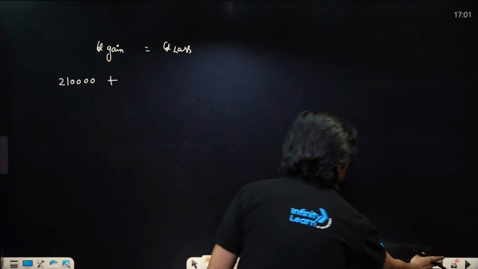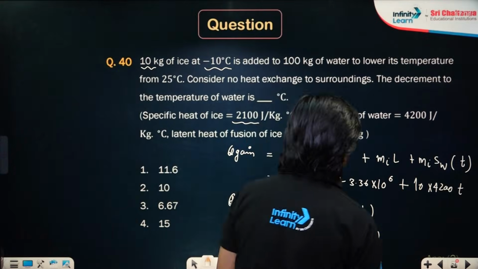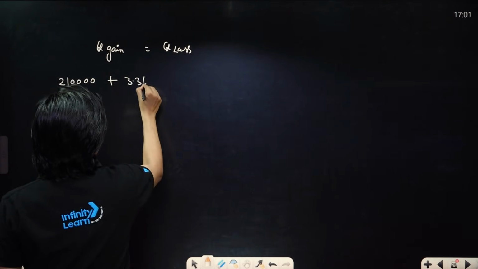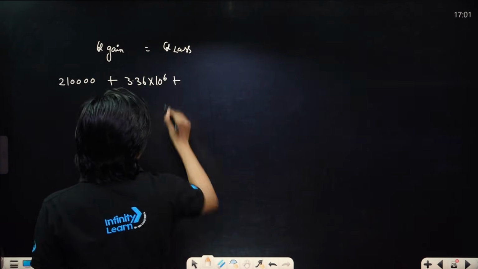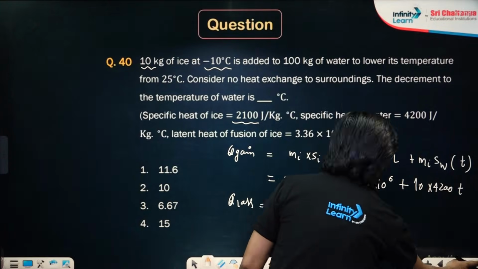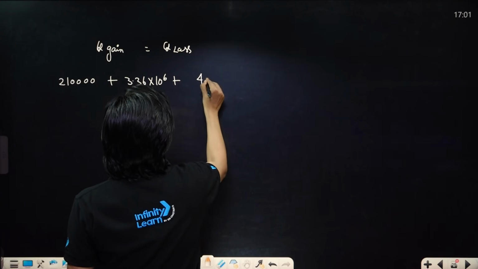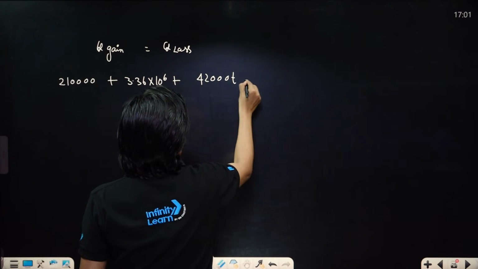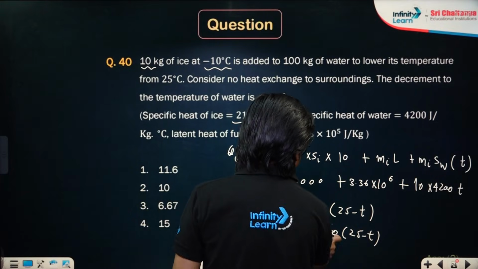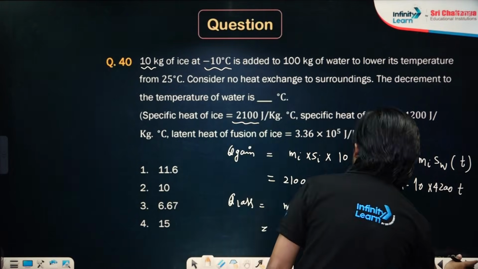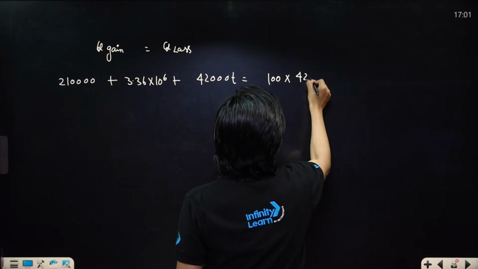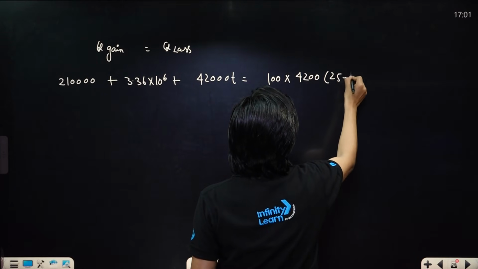Plus this 3.36 into 10 raised to the power 6 plus this 42,000 T, and this comes out to be this 100 into 4200 into 25 minus T.